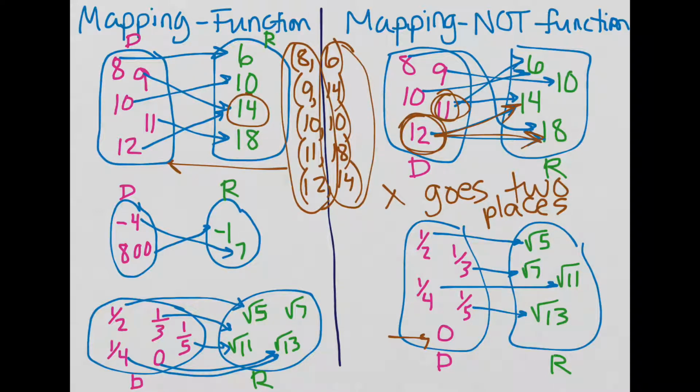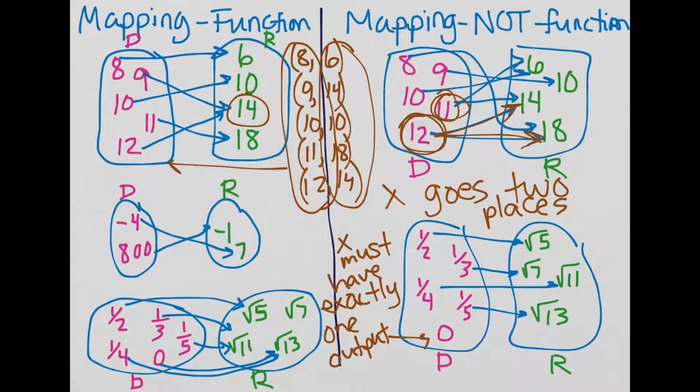So it doesn't have exactly one output. It doesn't have an output at all. So that's kind of what makes that not a function. So you could write down: x must have exactly one output. Every x has to have an output. X must have exactly one output. Okay.